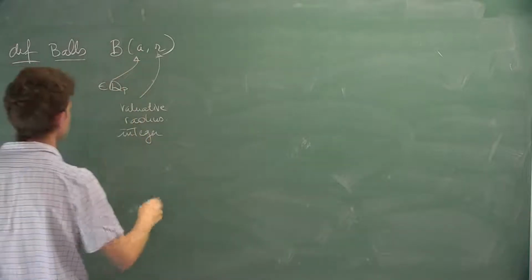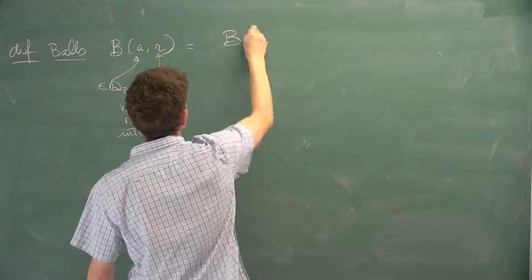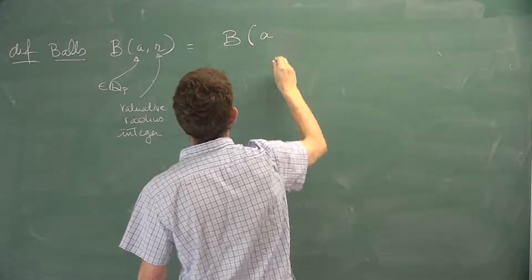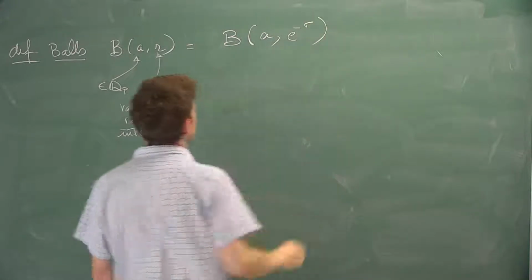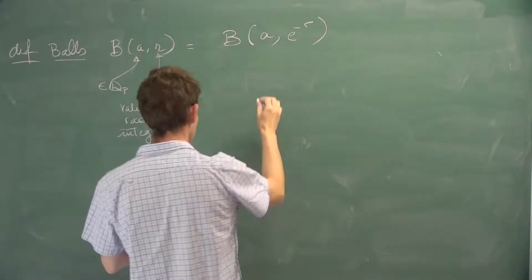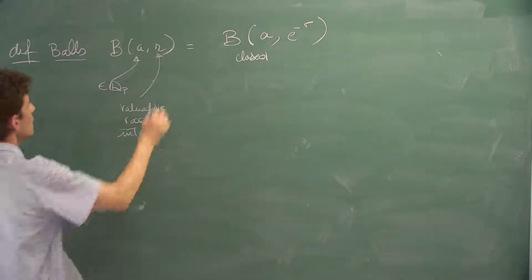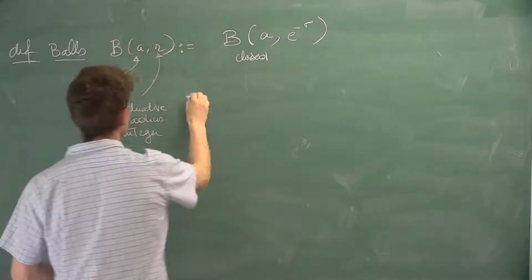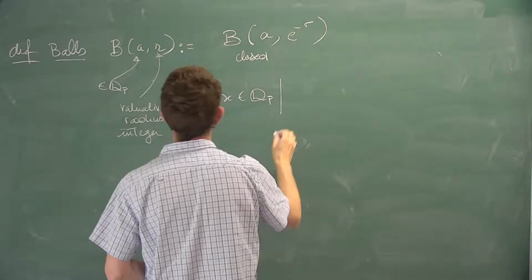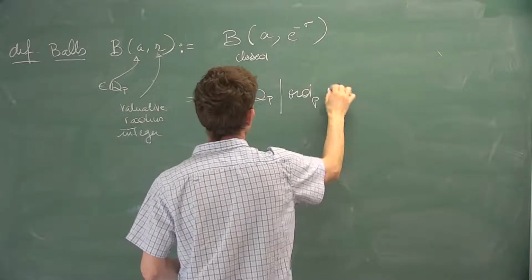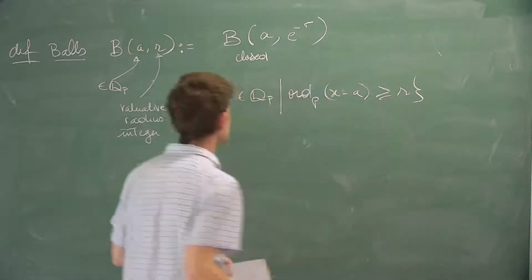So this ball is defined as, with usual notation, the ball of center a and radius exponential minus r, and it will be the closed ball. Okay. So what is it? This is the set of elements x of Q_p such that the p-adic order of the difference is larger than r.